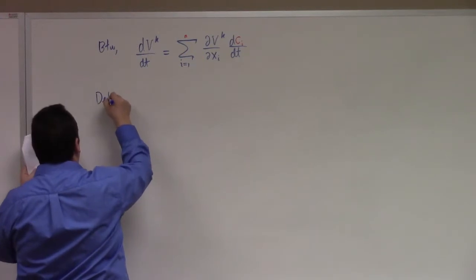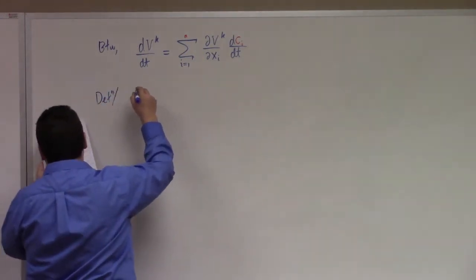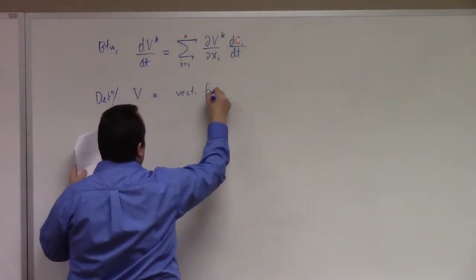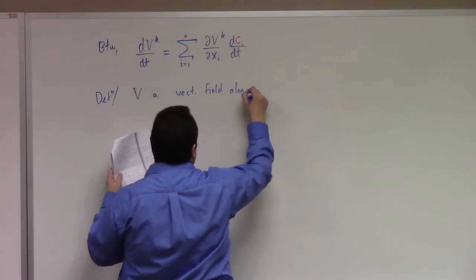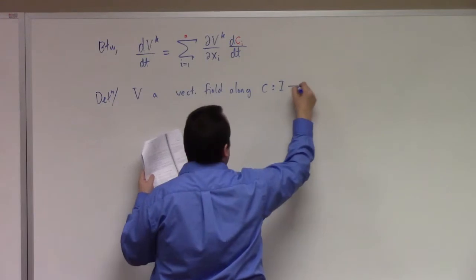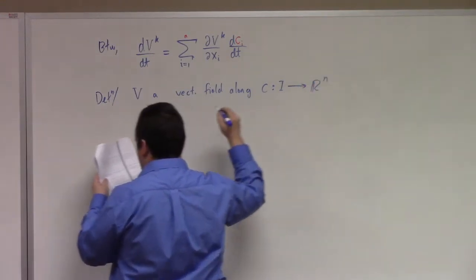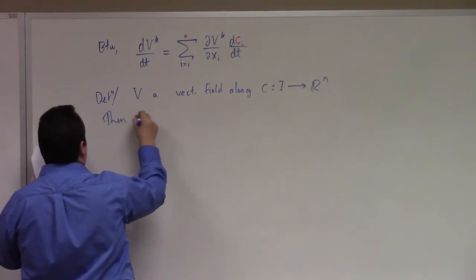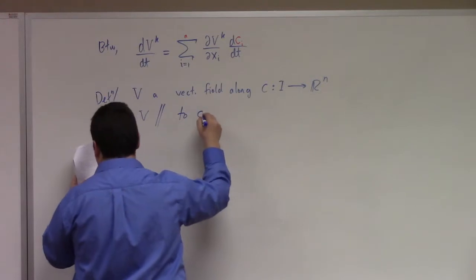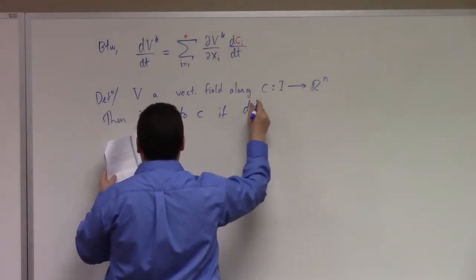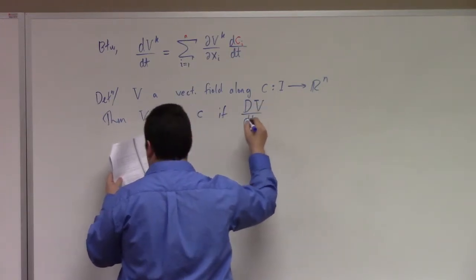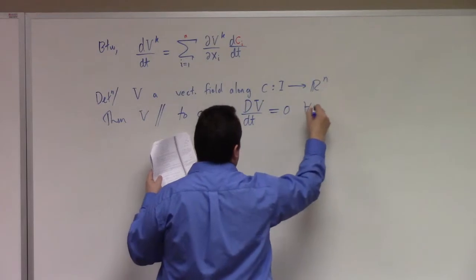Now, definition. If V is a vector field along C, which is always a path for us, a parametrized curve, then V is parallel to C if the covariant derivative, big D V/dt, is equal to 0 for all t and i.